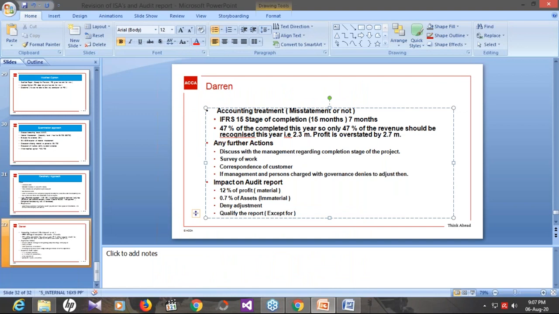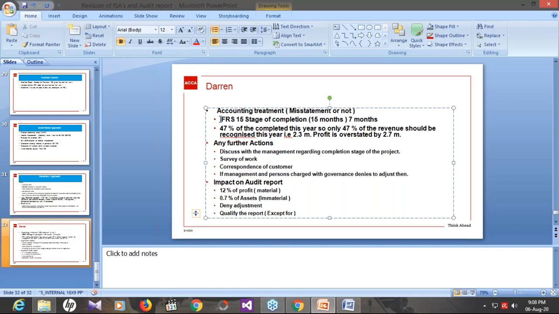Another thing that should be discussed is that the answer here is written in bullets, but you don't need to give the answer in the exam in bullets. You should include a healthy paragraph discussing the requirements of IFRS 15, that there is a need to understand the stage of completion.